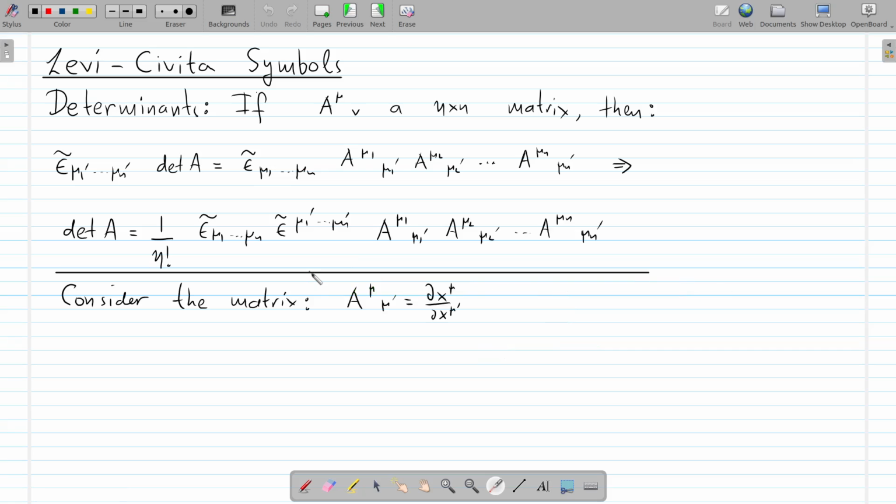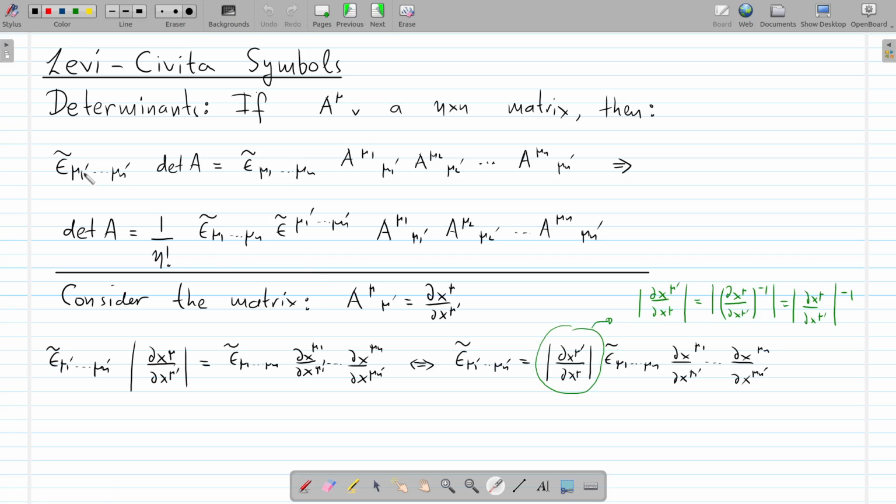So let's apply this formula when the matrix A gives us the derivatives of the coordinates in two different coordinate systems. Let's define the matrix A mu prime now to be the derivatives of the x mu's with respect to the x mu primes.